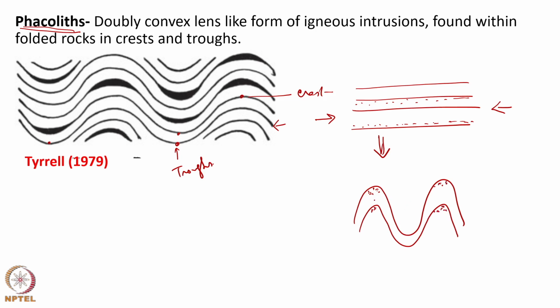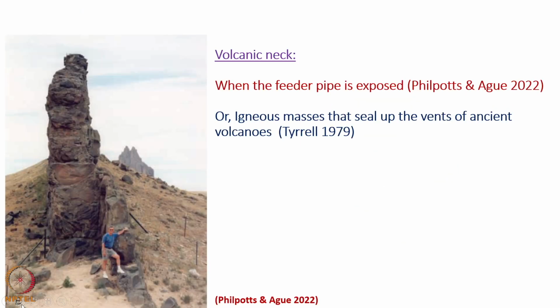So, these are the locations where this melt will preferentially migrate and then cool down, forming the rock. There are other sets of hinge areas in the trough portion, such as here, where the igneous melt can accumulate and then cool down. These structures are known as phacoliths, where melt accumulates in the crests and troughs of the fold.